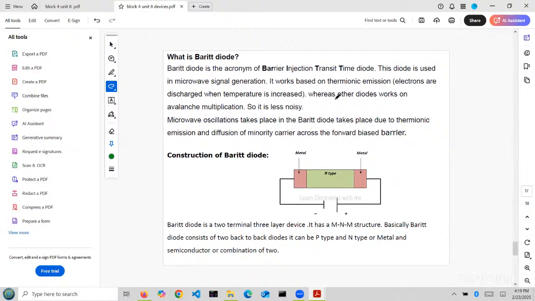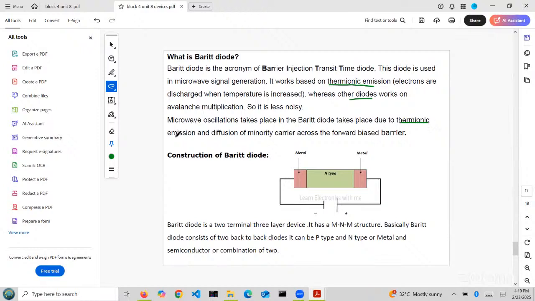When electron-hole recombination takes place, it will generate a few more electron-hole pairs. That is called avalanche multiplication. So in general, a diode works on avalanche multiplication, but this Barrett diode works on thermionic emission. That is the difference. Microwave oscillation takes place in the Barrett diode due to thermionic emission.